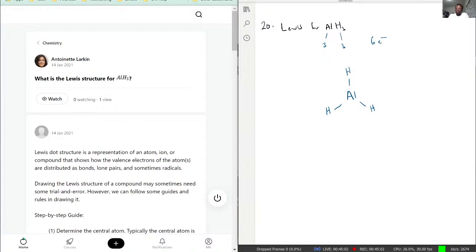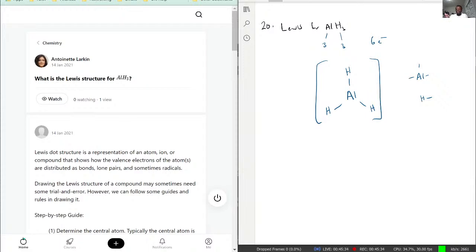We can even check the formal charges by drawing out aluminum with 3 bonds, which represents a formal charge of 0, which is what it's doing. Hydrogen would just be 1 bond, which is also what it's doing here. We also know we have 6 electrons, 3 bonds, so 3 pairs, 6 electrons. So this will be our Lewis structure for AlH3.